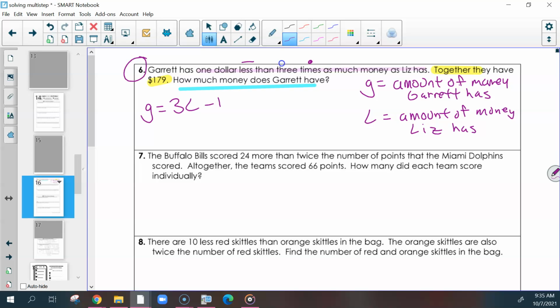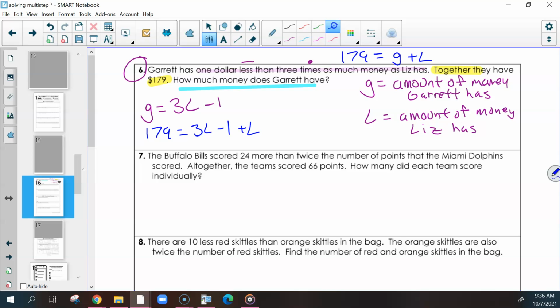We know that, let's say, if I were to make a separate equation. Together, I added G plus L, their amounts together. But also what I know is that this is Garrett, so I can rewrite that to say 3L minus 1 plus another L. So this is Garrett's amount plus Liz's amount.